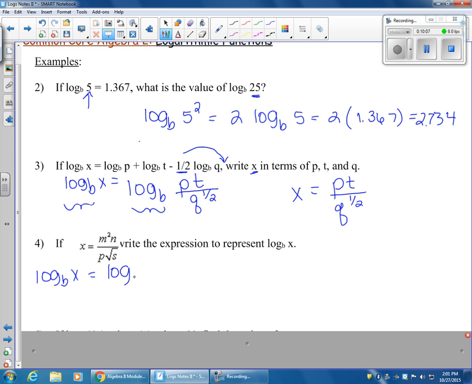So that's acceptable to take the log of both sides. Then I'm going to use the rules. Here I'm going to take the square root and write that as 1/2 power. So it says square root, I'm going to write it as a power. Now I'm going to use the rules to expand. Multiplication is addition. Division is subtraction.